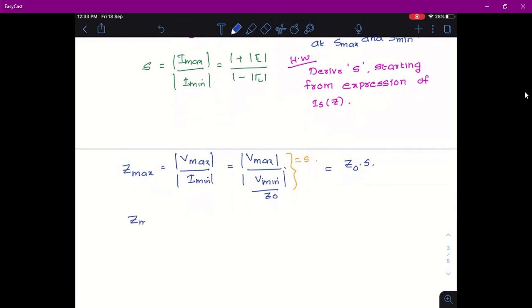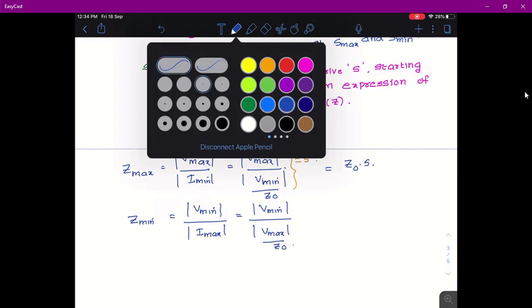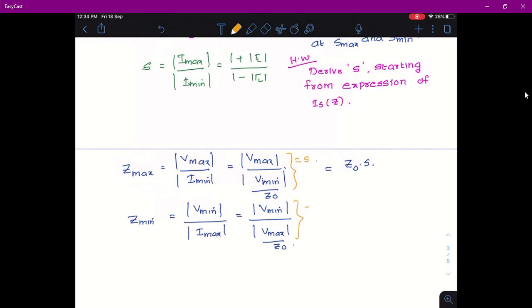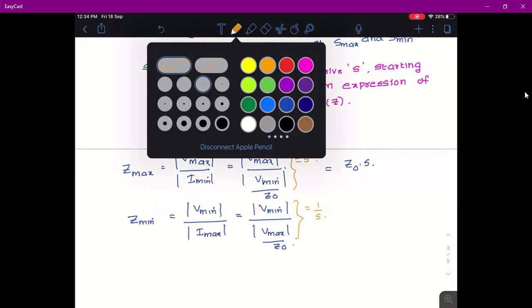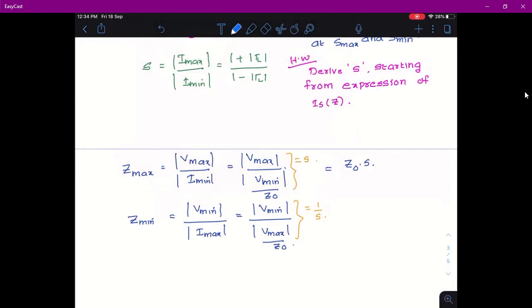Similarly, minimum impedance happens at minimum voltage and maximum current. So, I can say this as V min by V max by Z0. This is again 1 by S, because this is the inverse of the standing wave ratio.